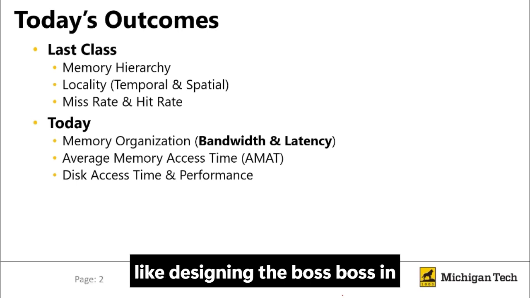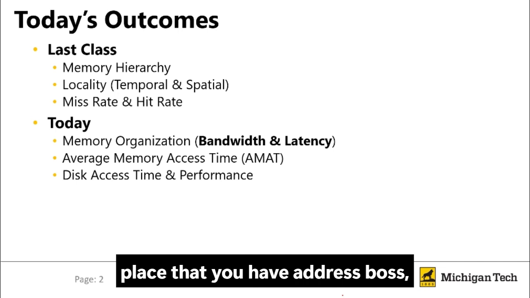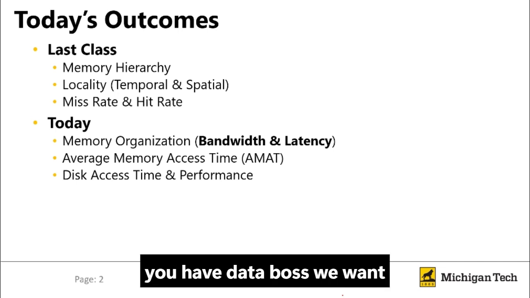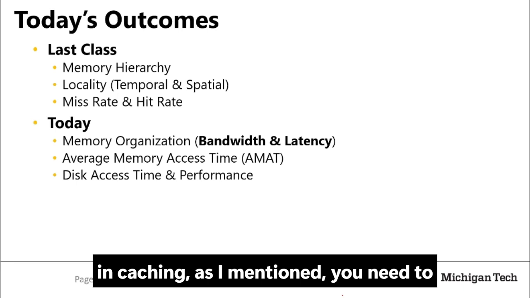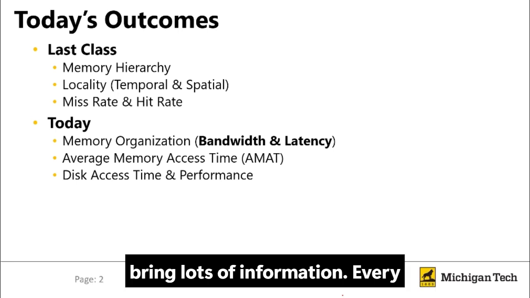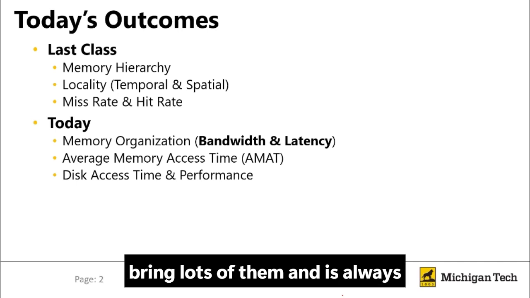Bandwidth is like designing the bus in your motherboard. The bus is the place where we have the address bus and the data bus. We want to see how we design that. Because in caching, as I mentioned, you need to bring lots of information every second, every millisecond, and it's always active.